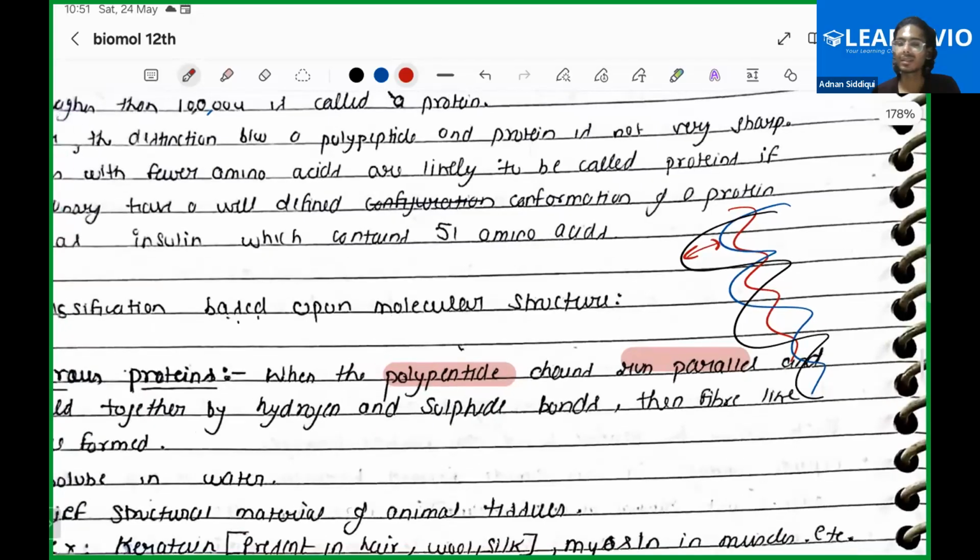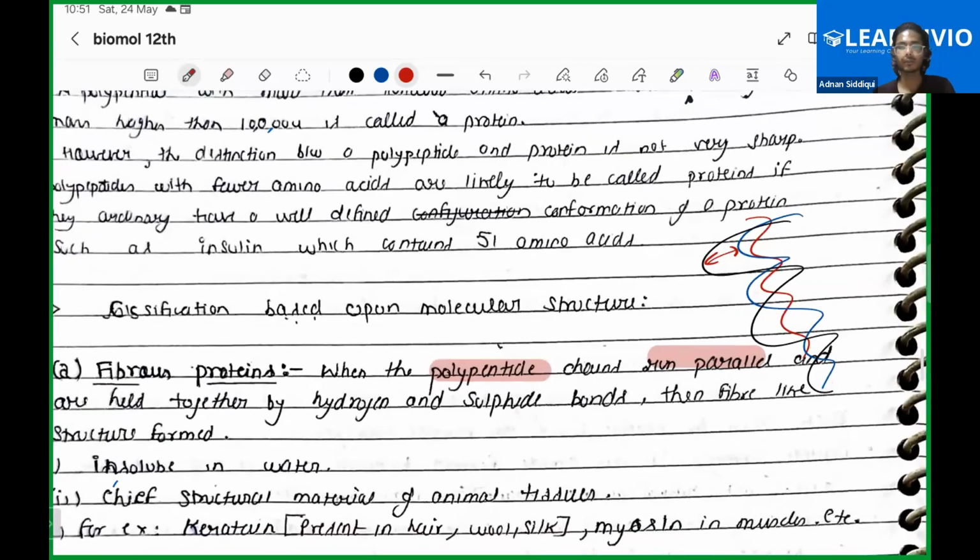Is it making sense? Or should I bring some GIF or animation type of thing? Sir, it's making sense. Okay. Suppose, do you have two pens? Show me your two pens.